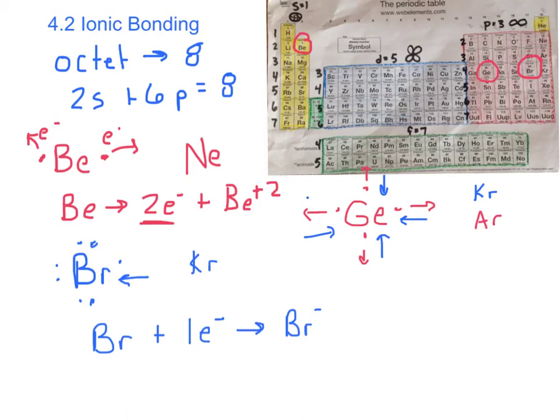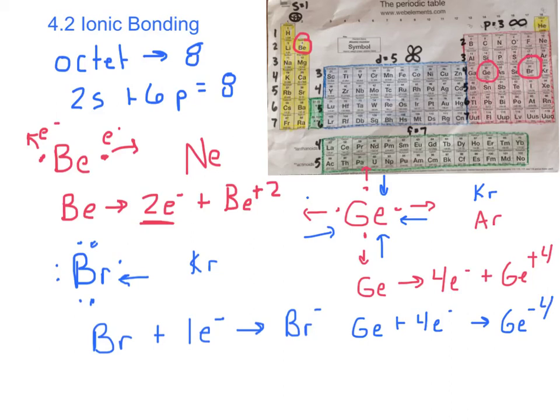So we have 2 equations that we could do. If germanium is going to lose electrons, then we write it like this, and germanium becomes a +4. If germanium is going to gain electrons, we write it like this, and germanium becomes a -4.